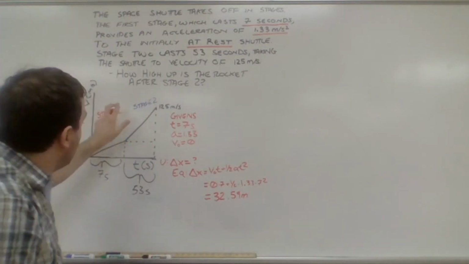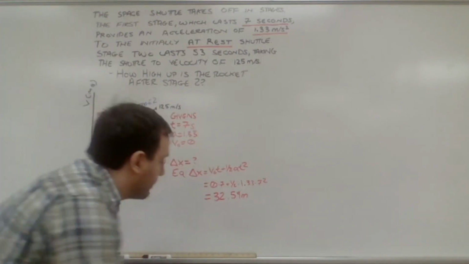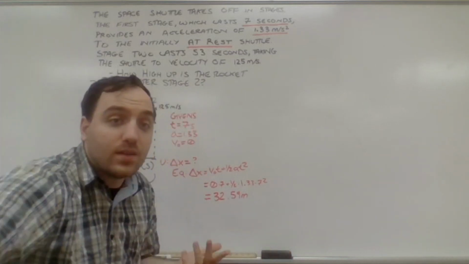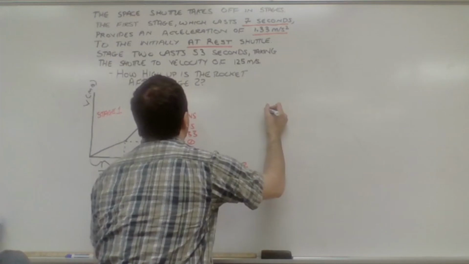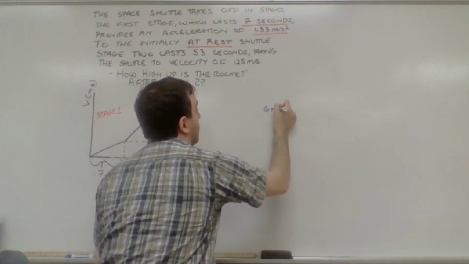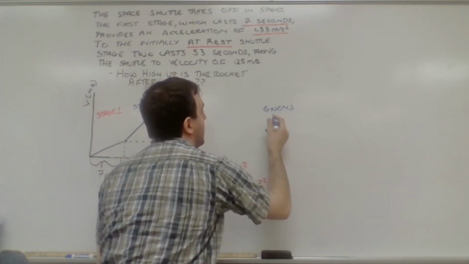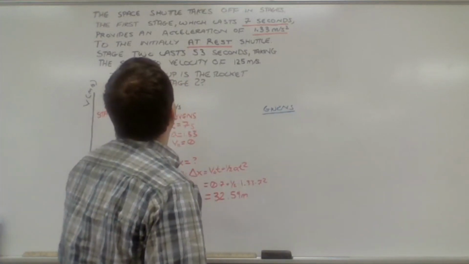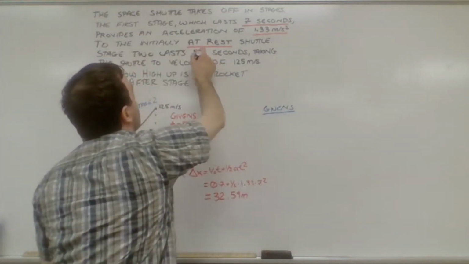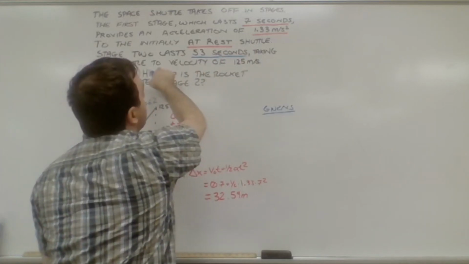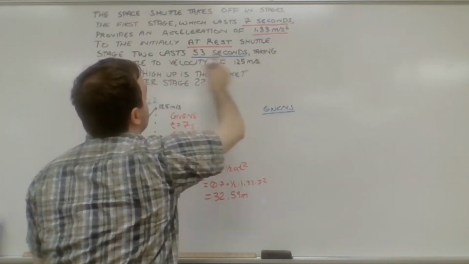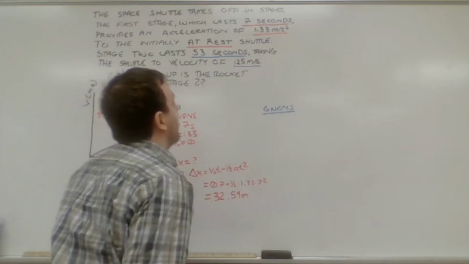Stage 2 only cares about from here over. So let's go ahead and talk about this. From here over. What are my givens? Well, for stage 2, I know that it lasts 53 seconds. And then it has a taking it to, which tells me it's an ending velocity of 125 meters per second.